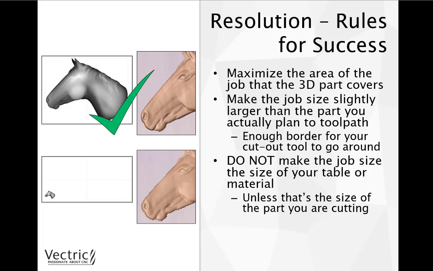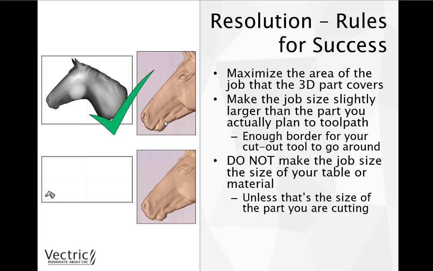Let's have a look at the 2 examples that we've got here. At the top we have a horse's head that is 10 inches wide, positioned within a job space that is 12 inches wide, so it's just a little bit bigger than the part that I actually plan to cut. At the bottom we have that same 10-inch horse, except this time we've placed it in a job size that is 4 foot by 8 foot.